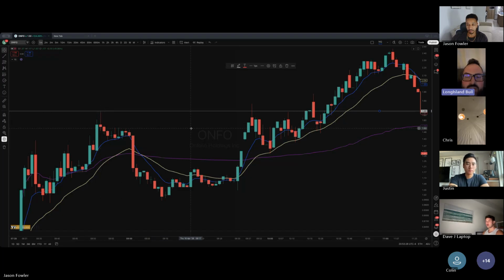Okay, so this was a level I told you guys, $1.70, $1.80, looking to clear that range for a potential 2+, which we did. We hit like 248 today.